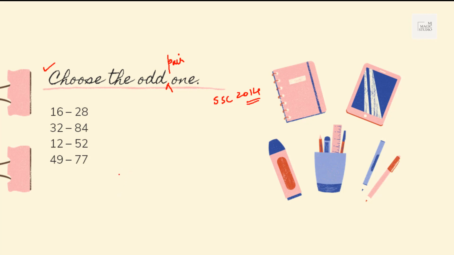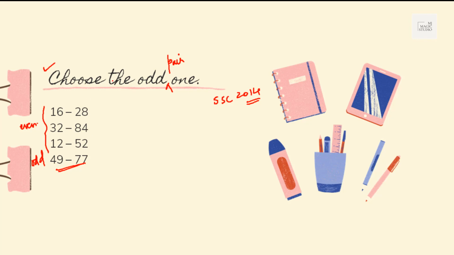Very interesting classification. At first glance, if we just go in for an odd even classification, these are even numbers, and this is an odd pair. So these are all even pairs and this is an odd pair, so I'd feel like, okay, let's put a tick on 4977 because that is the odd even pair.